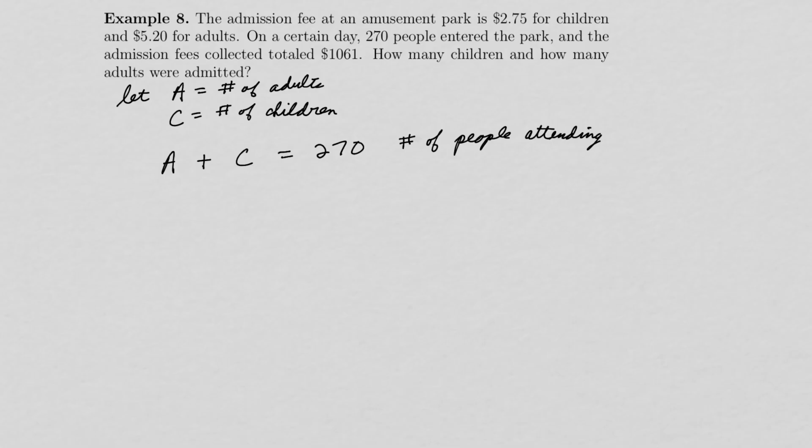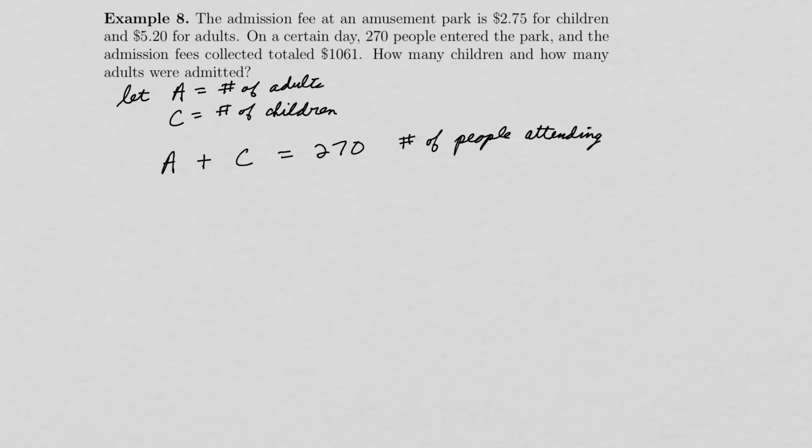Okay, and then we're also given information about how much a ticket costs for each child and each adult and the total amount of money that's collected. So the second equation must depend on the total amount of money collected. How do we figure out how much money is collected from all the adults?